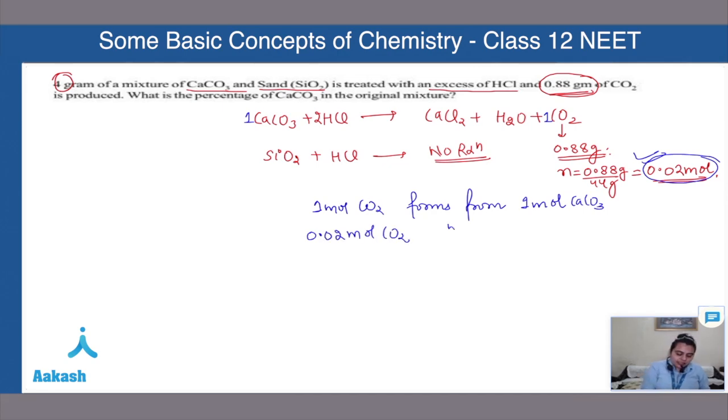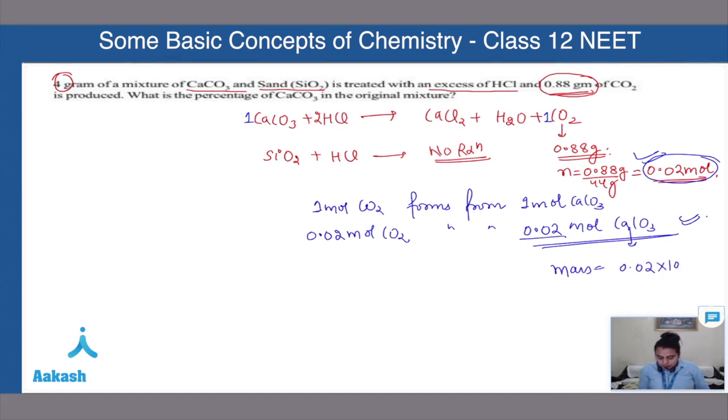Now what do I need to find? I need to find the percentage of calcium carbonate. So the percentage would be mass of calcium carbonate, 2 gram, divided by mass of the mixture, 4 grams, into 100, that is 1 by 2 into 100 equals 50%.